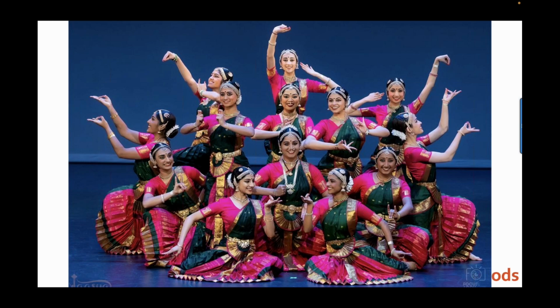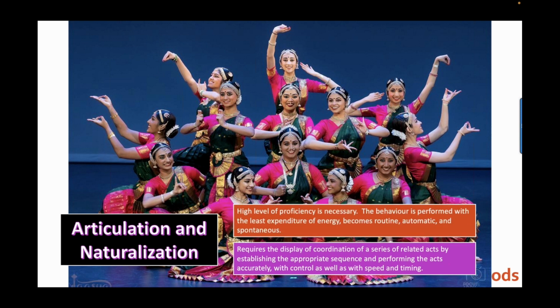The two steps involved in this picture are articulation and naturalization. So here, in articulation, a high level of proficiency is necessary. Even in the case of precision, they can go up in their competency.